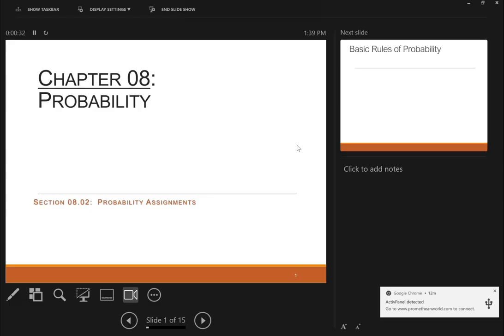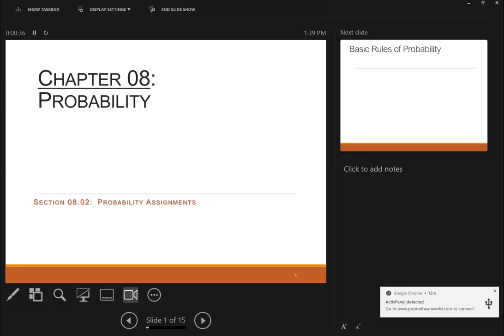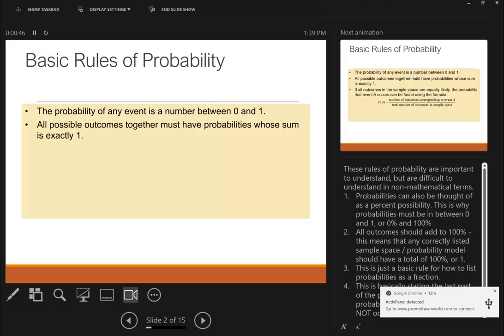8-2, talking more probabilities. So, basic probability rules. Probability of any event is between 0 and 1. All possible outcomes together, the probabilities have to sum to 1.